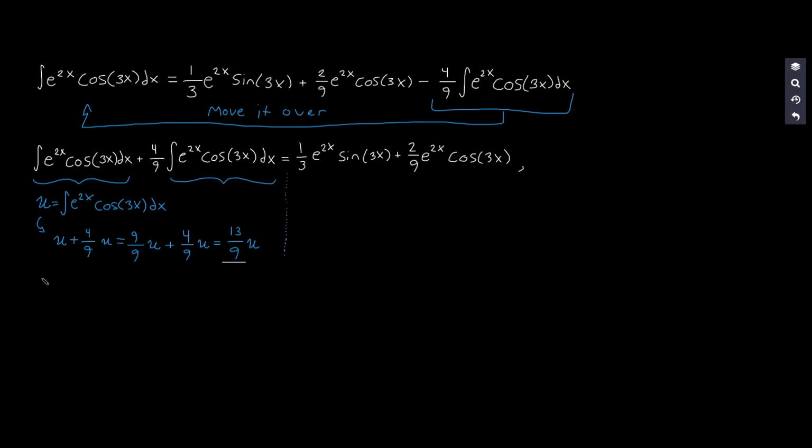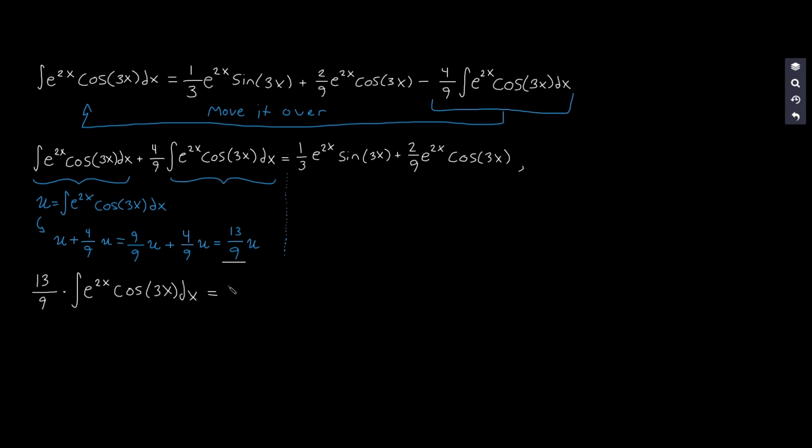So I could rewrite this as 13 over 9 times the integral of e raised to the power of 2x times cosine of 3x, integration with respect to x.